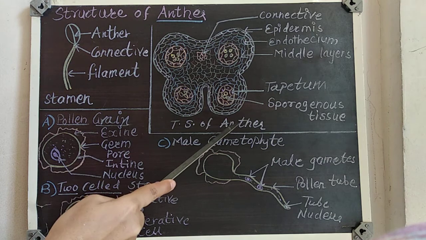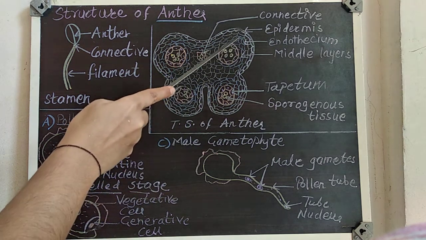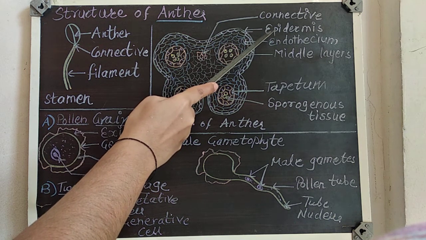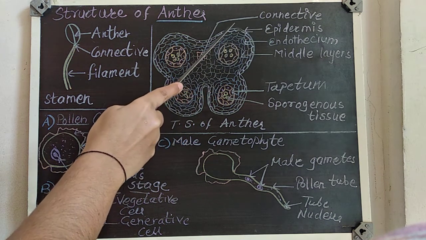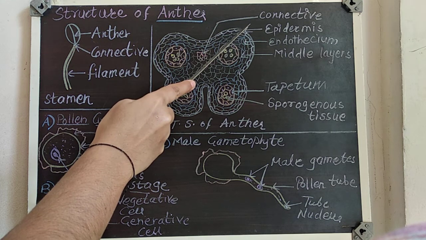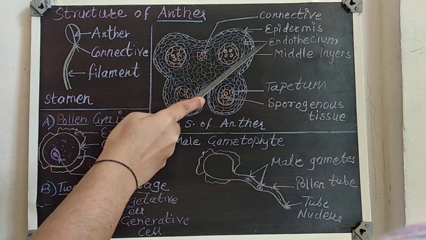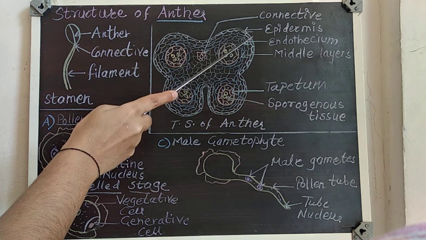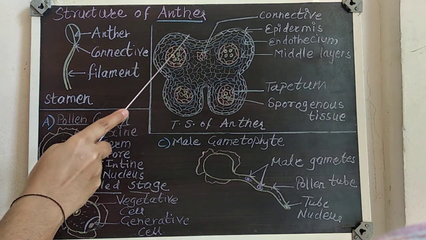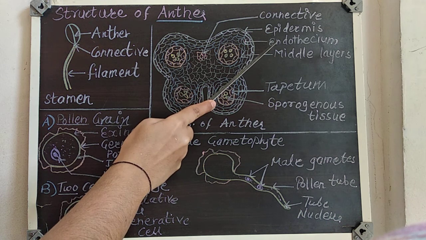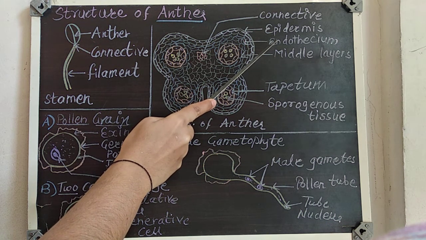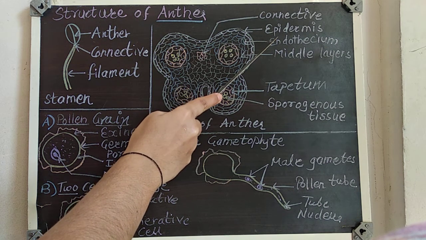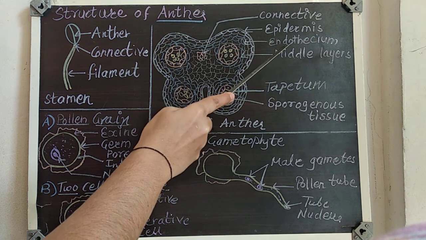When it becomes mature, from the outermost it shows the four different layers. The first is called as epidermis, which is a layer of flattened or rectangular cells which are tabular cells. As outermost function is protection. Inner to epidermis, it shows a single layer of cells. Here you can see, which is called as endothecium. The cells of endothecium are elongated and they show the presence of fibrous thickenings.